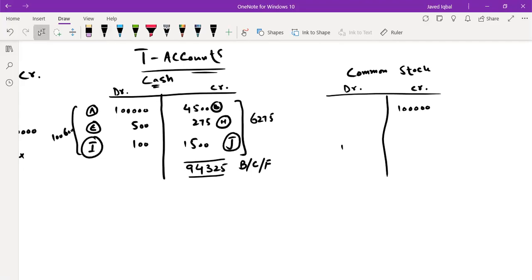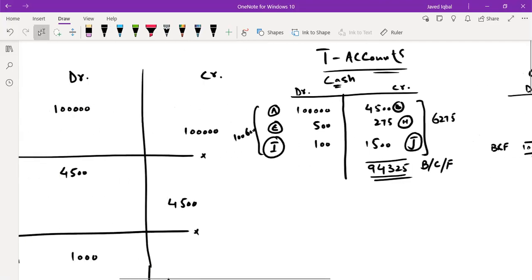Its balancing amount should come here, so that will be the balance carried forward, BCF. There is a convention to close these accounts by double underlining the amount. This tells that this balance is the actual balance that needs to go forward.